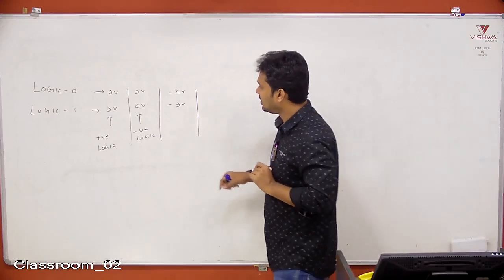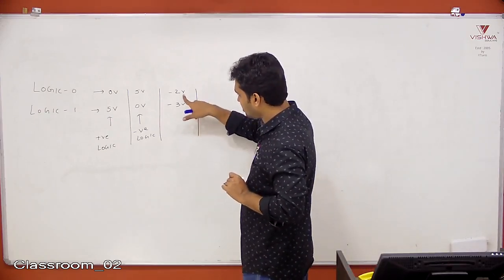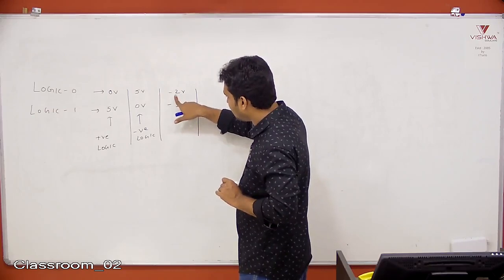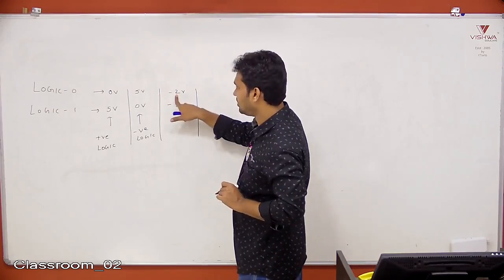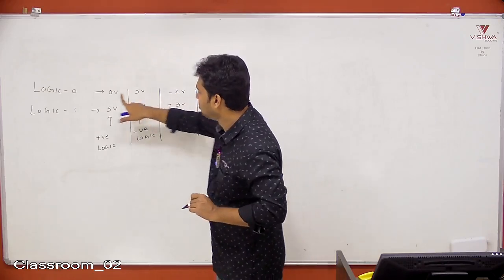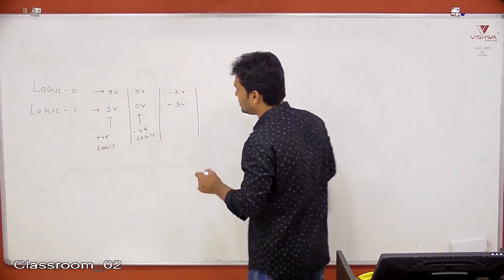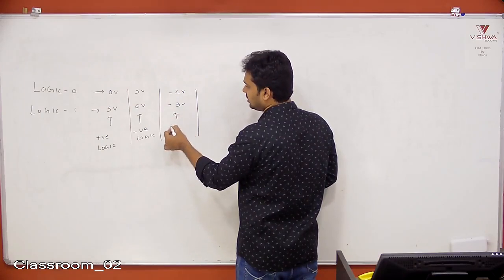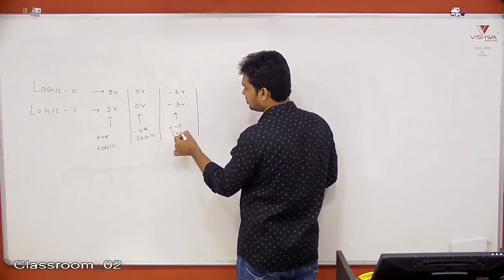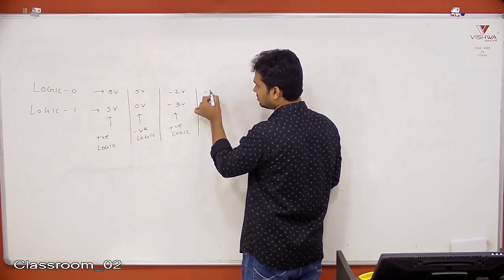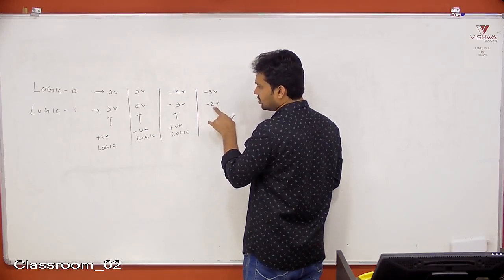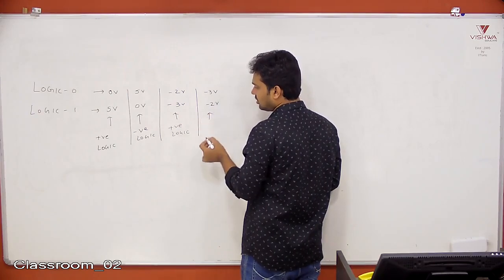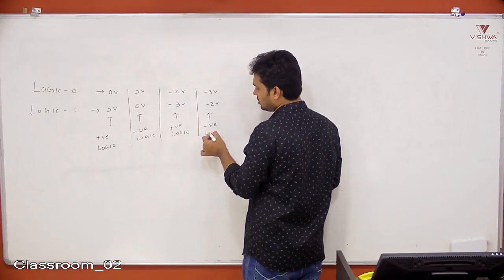In this logic family, voltage levels minus 2, minus 3. Which one is more positive? Yeah, minus 2. So minus 2 is given to 0. So more positive is assigned to 0. If more positive is assigned to 1 it is positive logic. If you do reverse, more positive is assigned with 0, negative logic.